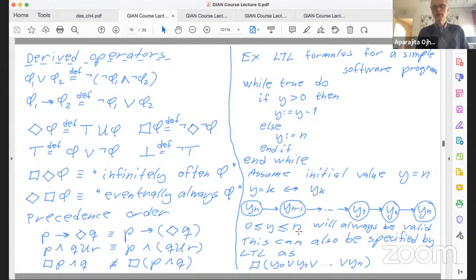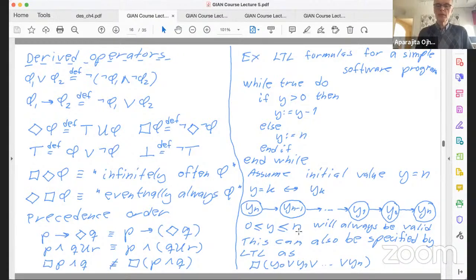So we could say that we have written a program where we want y to have this specification, and then you could ask, is this specification satisfied? Of course, when you have a much more complex program, it could be of interest to ask, as a safety condition, is it really true that y is always between 0 and n?